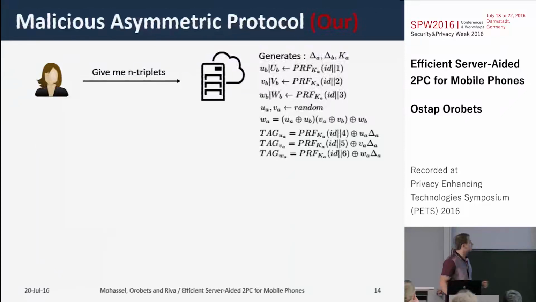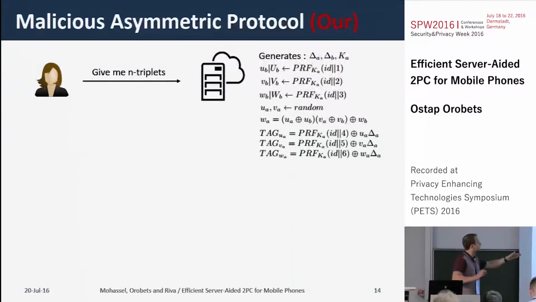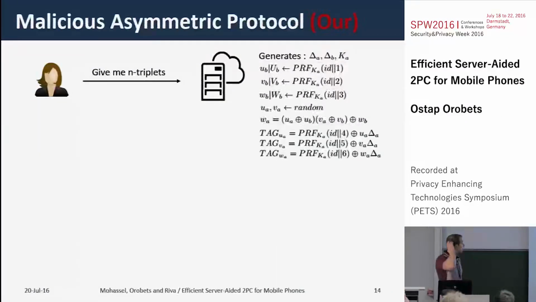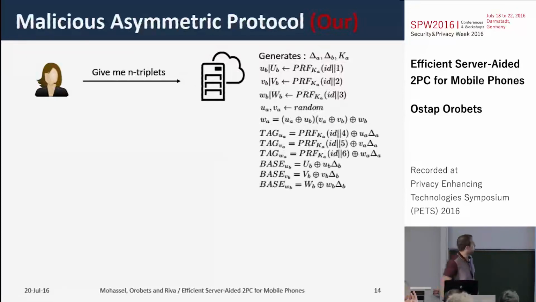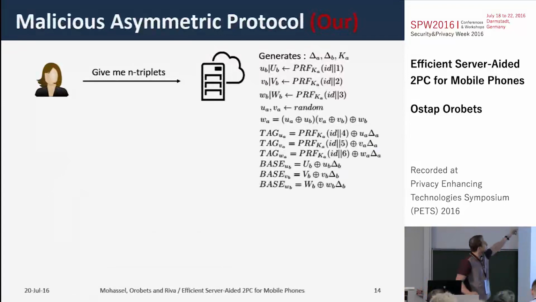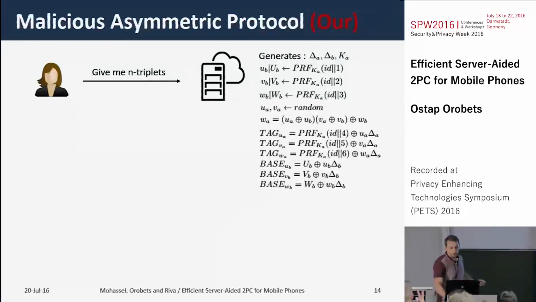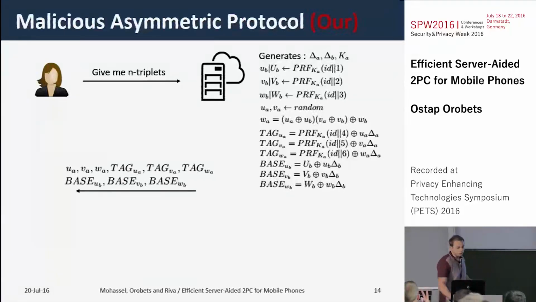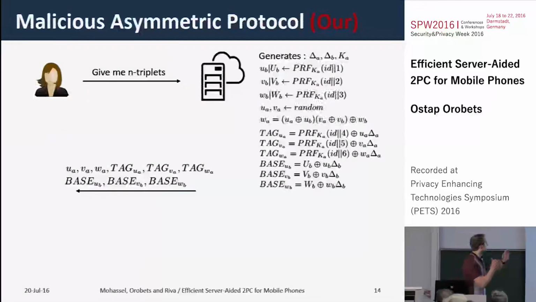Then he generates tags using Alice's delta key, that PRF and that key KA. And because he has Bob's tags and Bob's bits that were generated before, he produces the bases for them. Then he takes Alice's portion, all the tags and the triples, and the bases for Bob's part, and sends them to Alice.